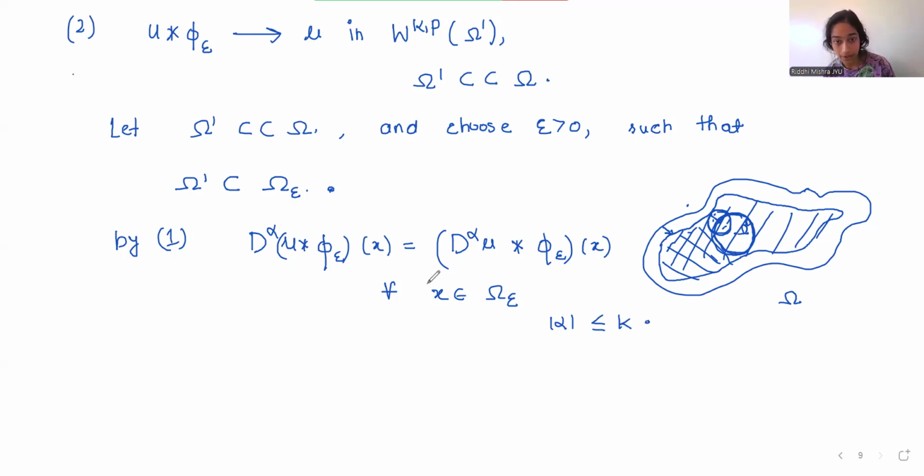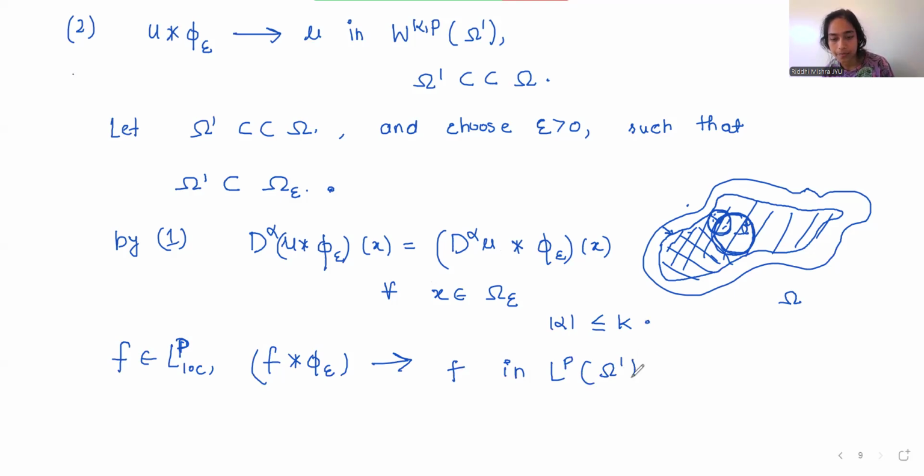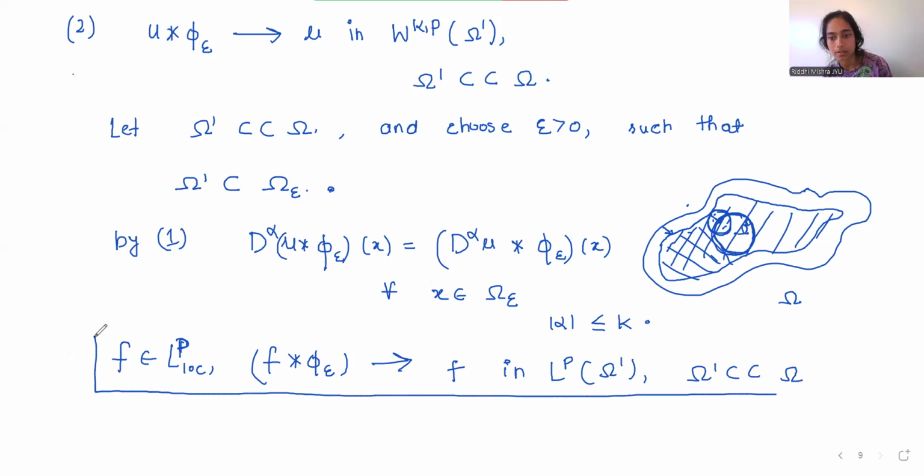and we know that if f is a locally integrable function, then f convolved with phi epsilon converges to f in L^p locally. So this we have from the property of mollifier.